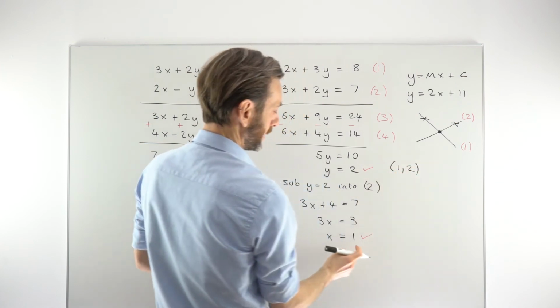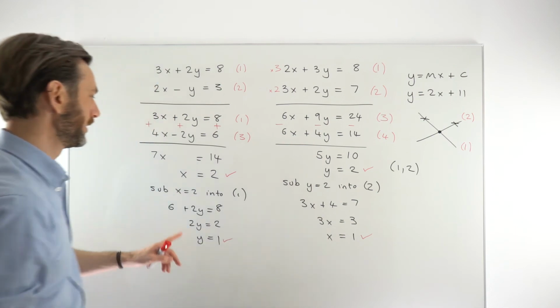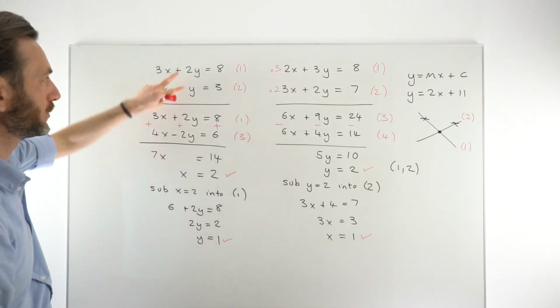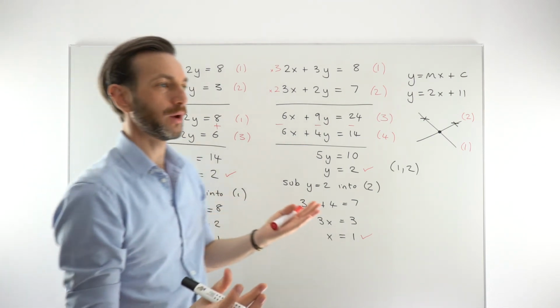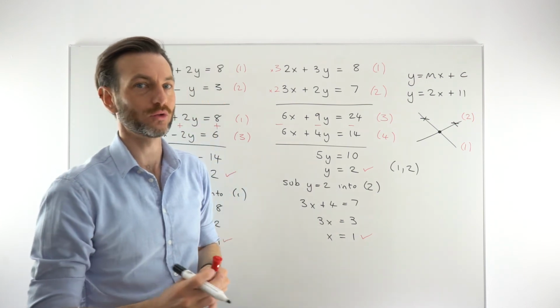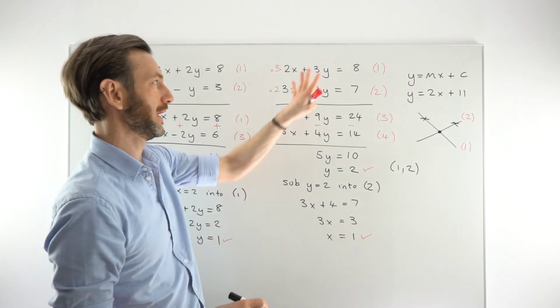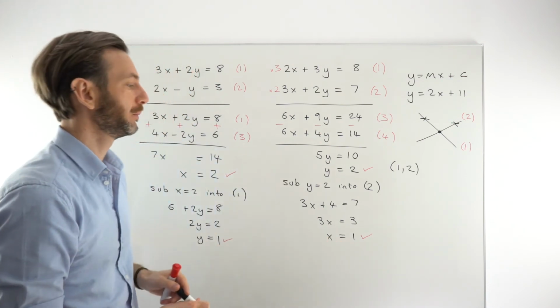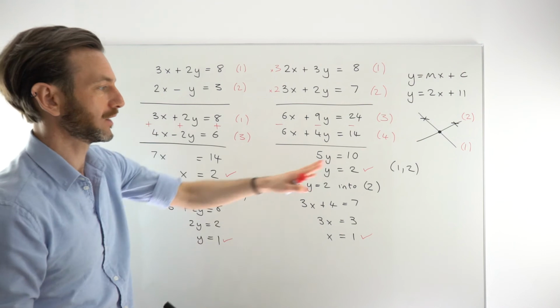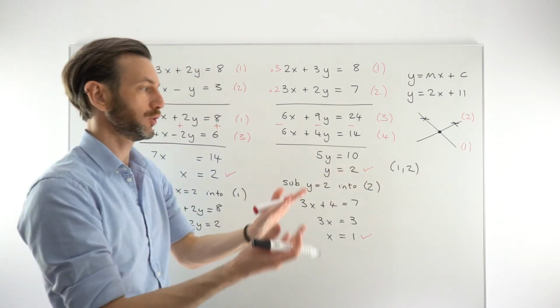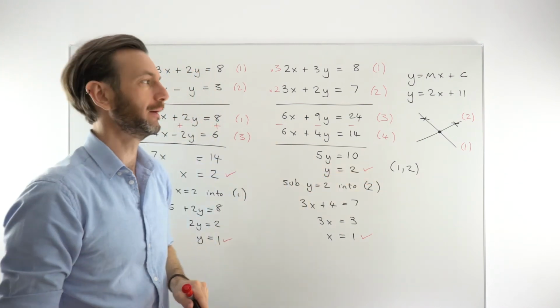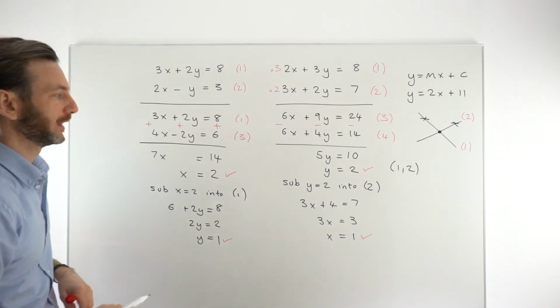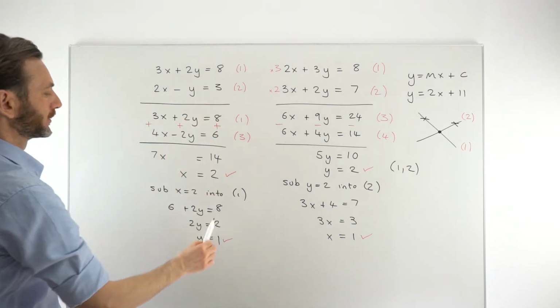You're finding a point 1, 2 in this case, point 2, 1 in this case, where these two lines meet. Sometimes the questions are not asked in that way. Sometimes it is just, here's two equations, solve them simultaneously. But just bear in mind that that is what you're actually doing in case you see a contextual question like that. For now though, focus less on that, focus more on learning this technique.